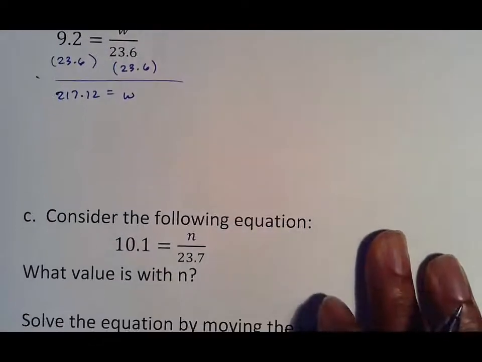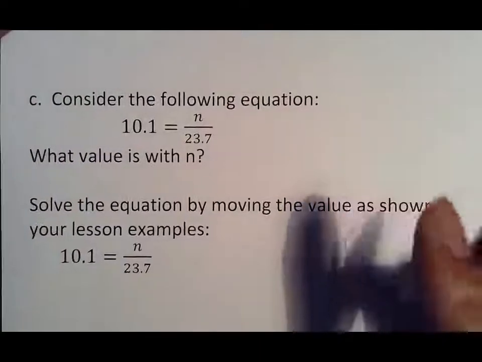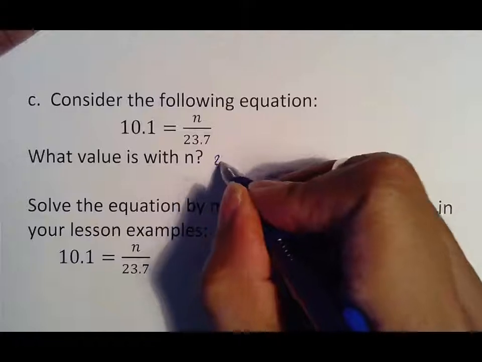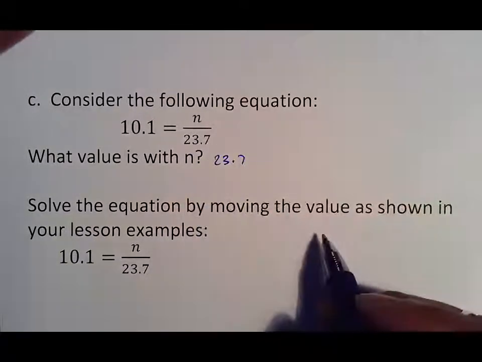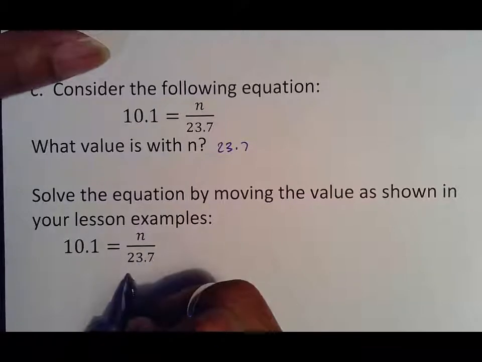This is a very quick lesson here. 10.1 equals n over 23.7. What values with n? Again, 23.7 is with it because it's over here with the n in the fraction. How do I move the 23.7 if it's n divided by 23.7?